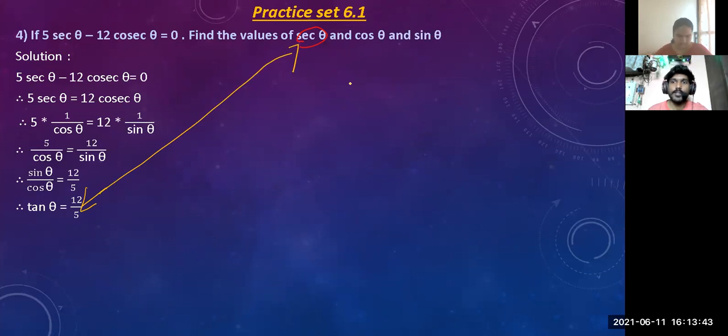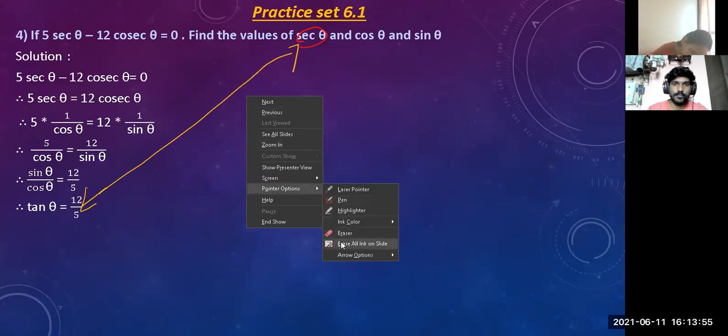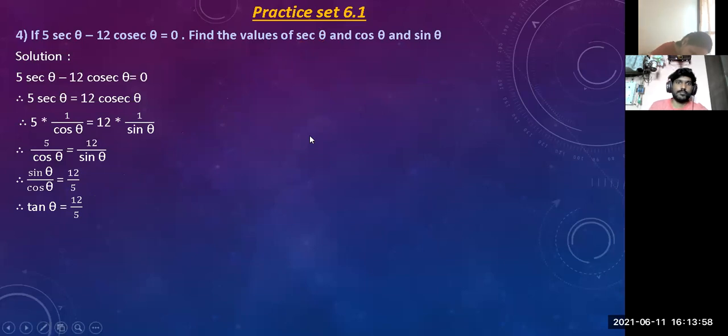Okay, do it and tell me what is the answer. 144 upon 25 plus 1 equals sec square theta.